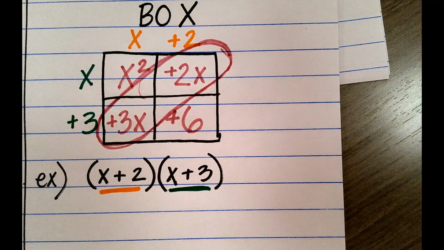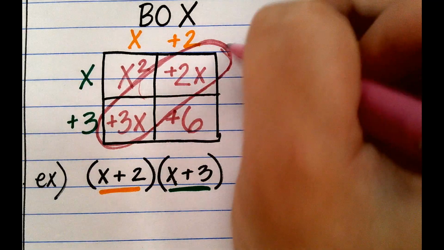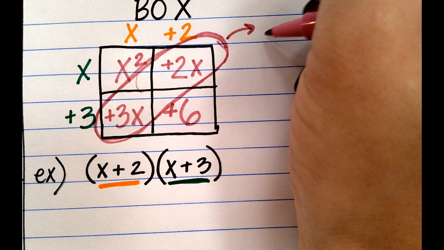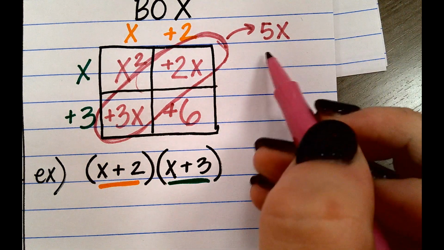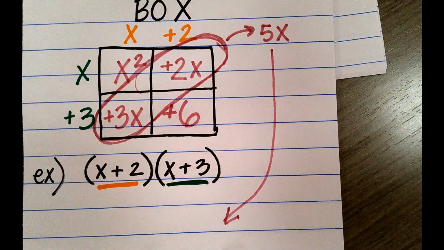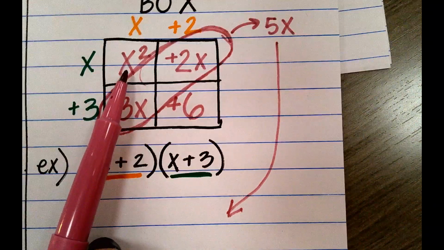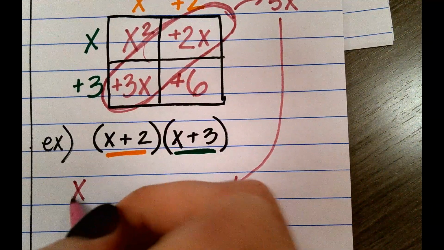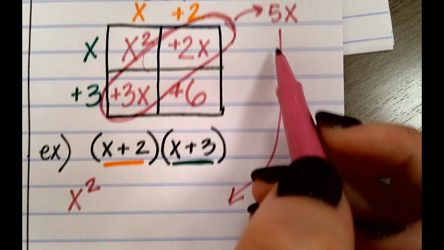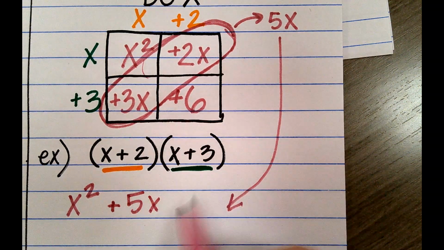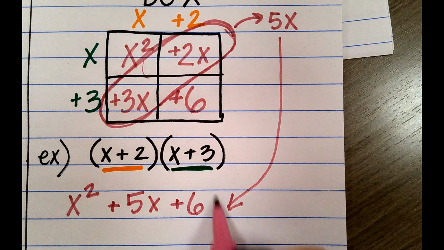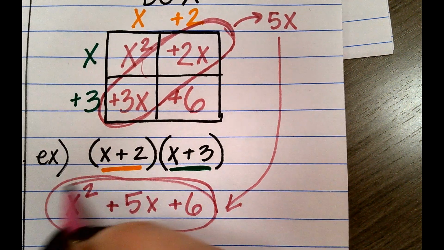So you just add them. 3x plus 2x is 5x. And I can just bring all that down with my other terms. X squared comes down out of the box. Plus 5x, that comes out of the box. Plus 6, that comes out of the box. And that would be my answer.